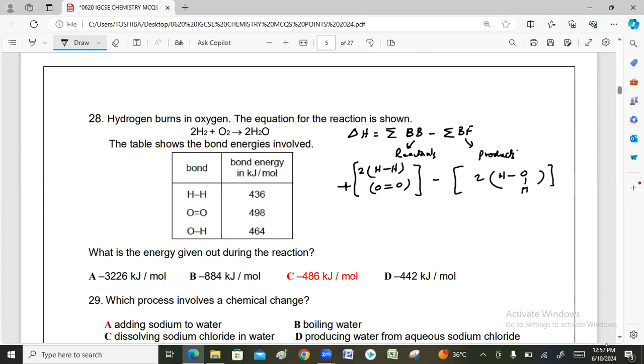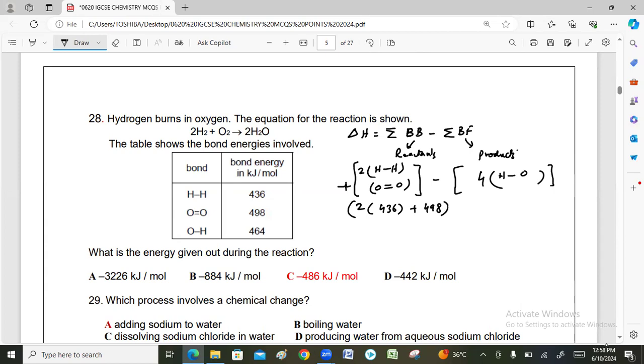So if we have 2 here, that will make 4 H–O bonds. So you can say that there are 4 H–O bonds. So if you put the energy, 2 into 436 plus O double bond O is 498.